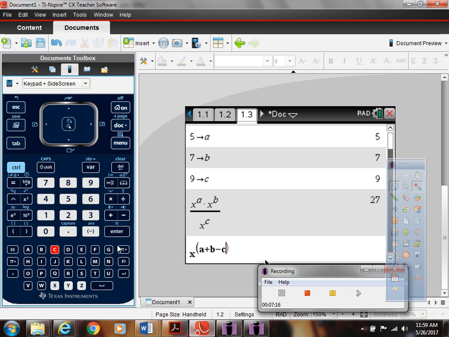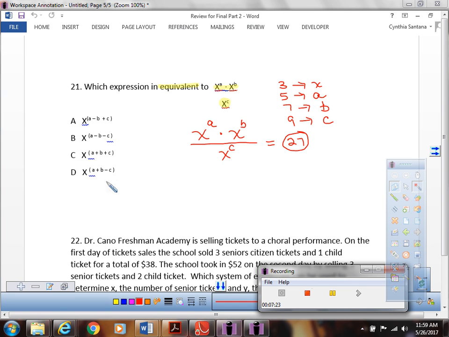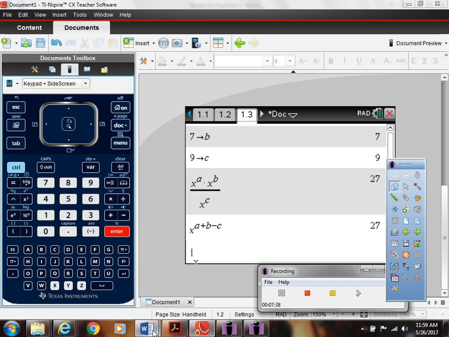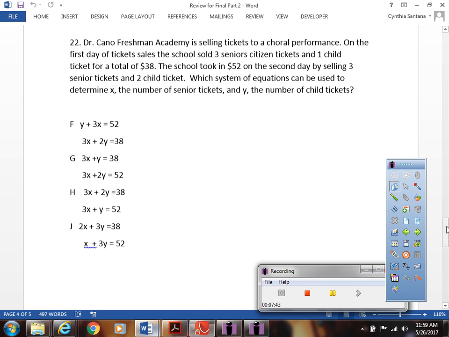And then, yeah, it is C. I knew it. This one gives us 27. That's the target number. Look at your numbers. Okay? Alright. Let's go ahead and look at the next question, number 22.